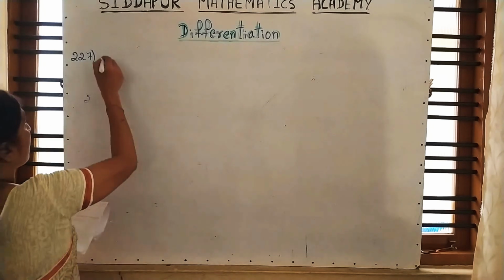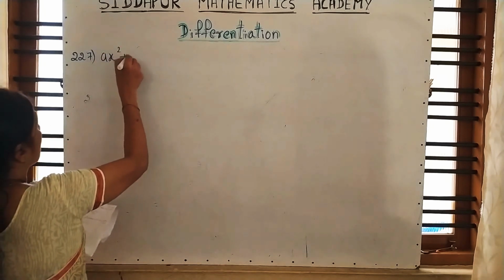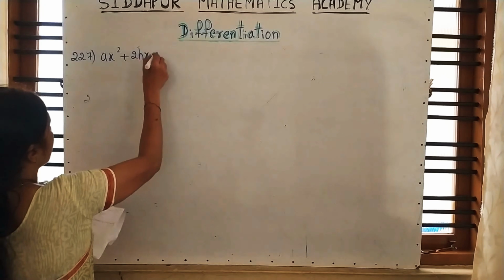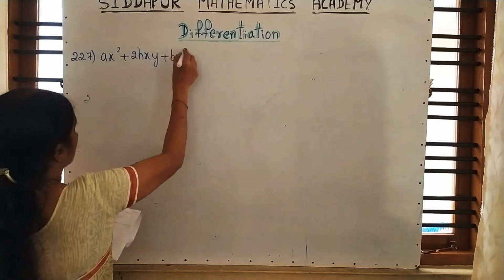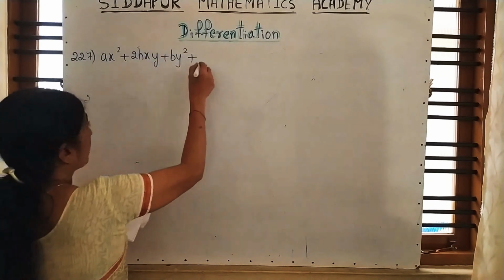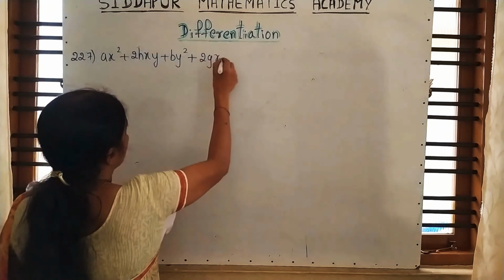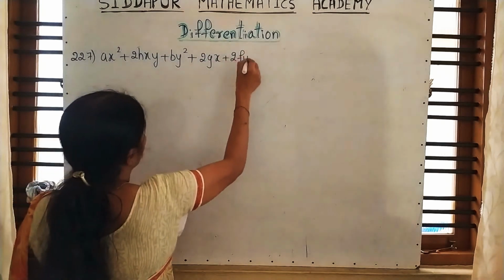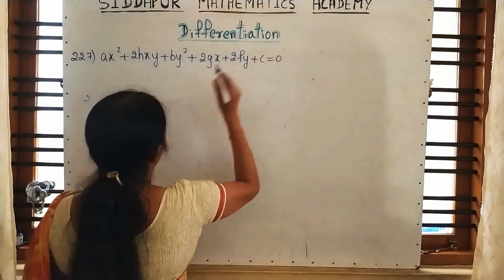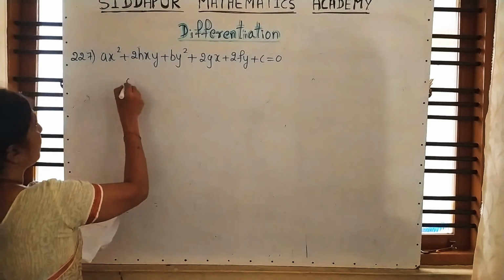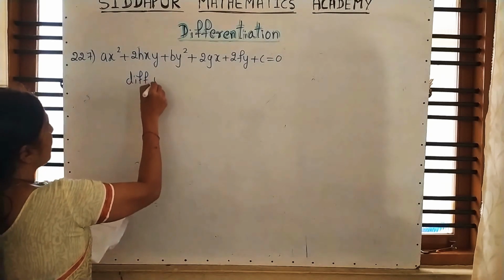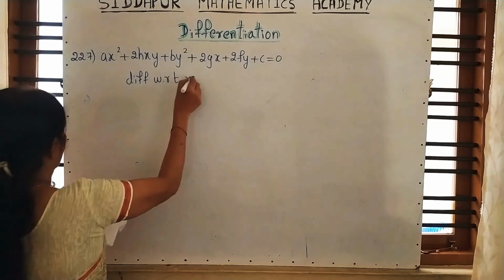ax² + 2hxy + by² + 2gx + 2fy + c = 0. Differentiating with respect to x.